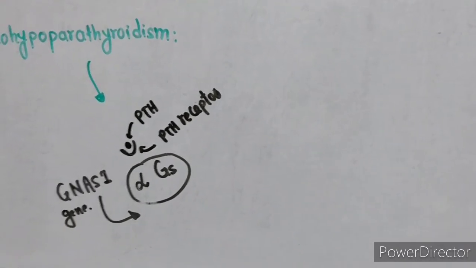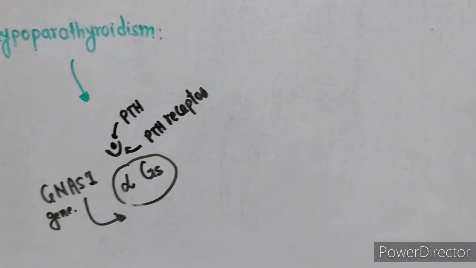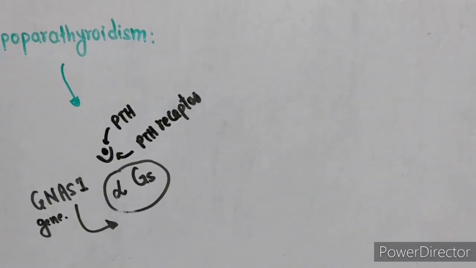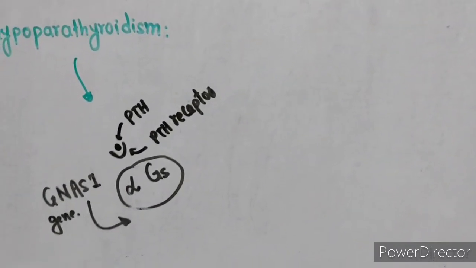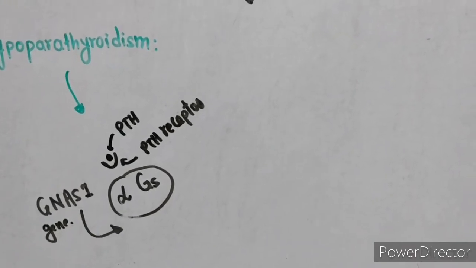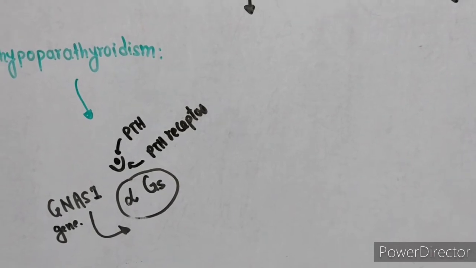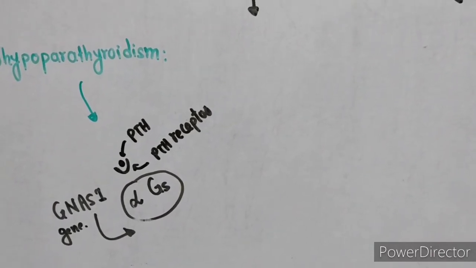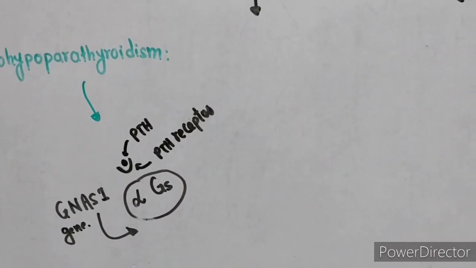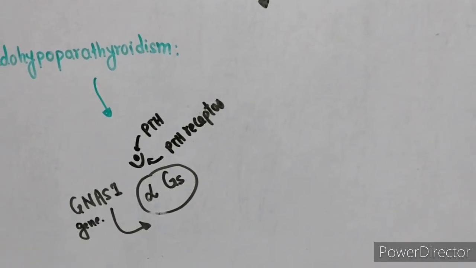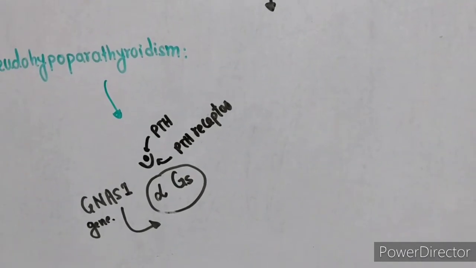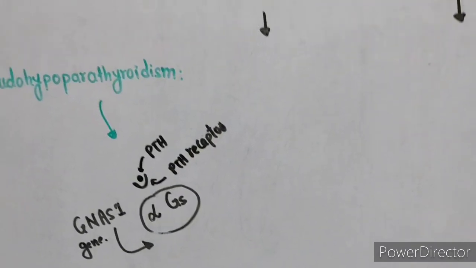The gene GNAS1 that synthesizes the alpha subunit of stimulatory G protein is inactivated here, due to which the alpha subunit of Gs protein cannot be synthesized and the downstream signaling pathway will not work. There is parathyroid hormone, but it cannot activate the downstream signaling pathways. So it is like parathyroid hormone resistance.